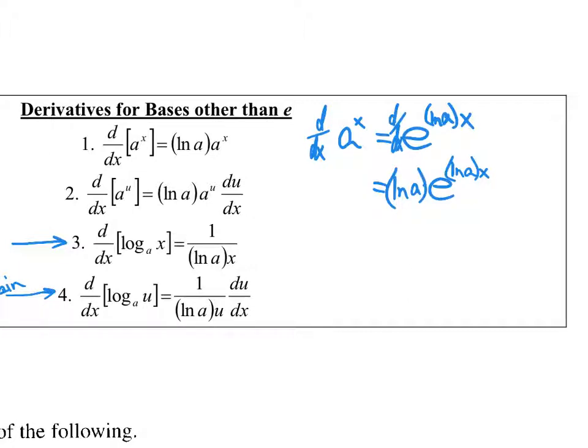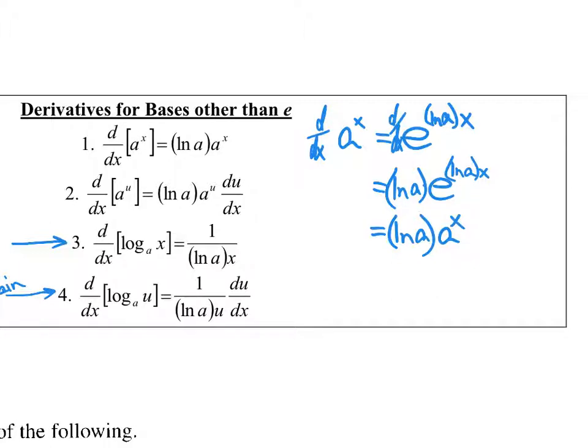Now, what is e to the ln of a times x? That's a to the x. So this is ln of a times a to the x. The derivative of e to a power is just e to a power.